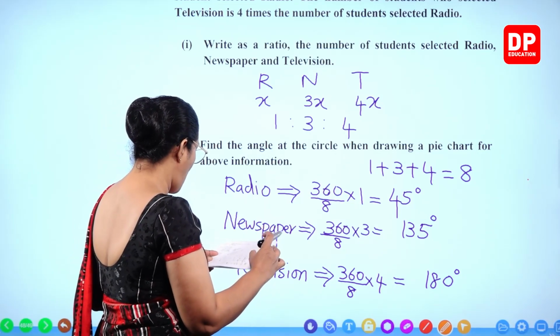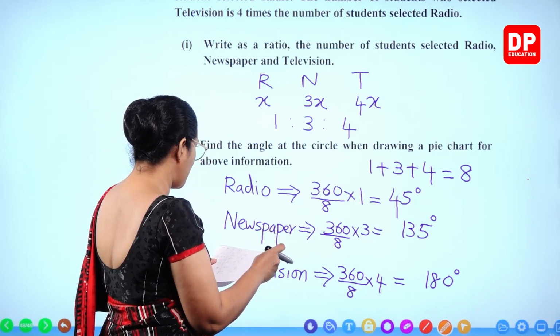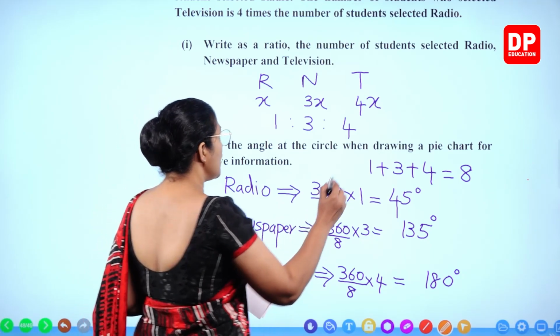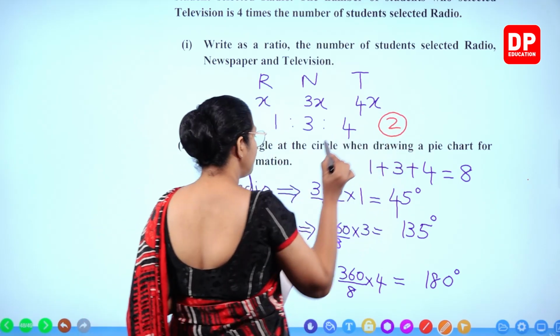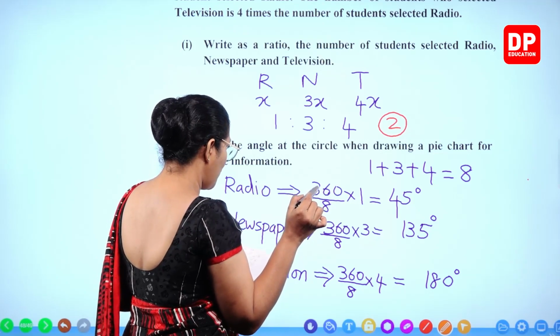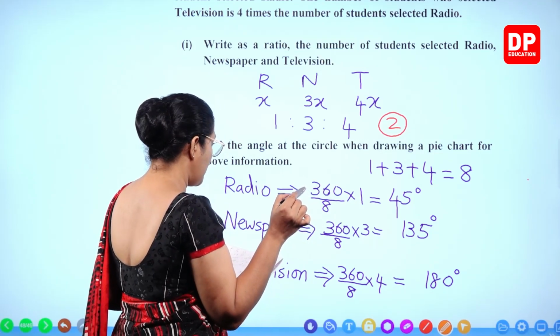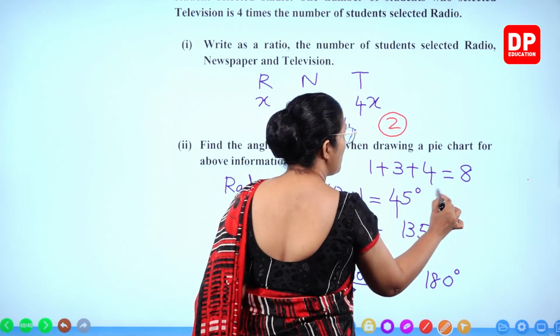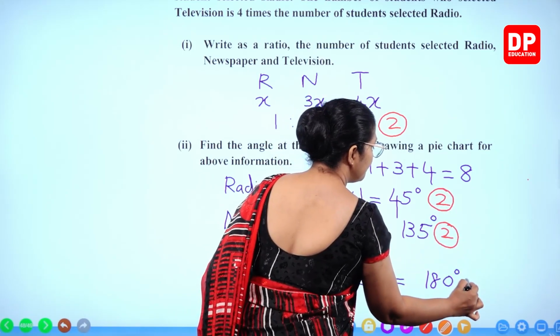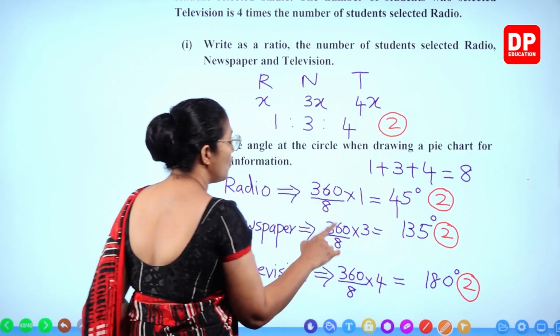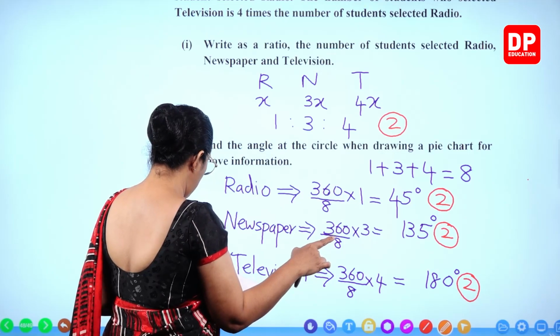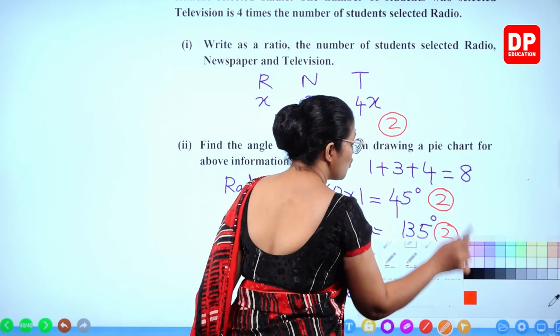So let's see how many marks we can give for this part. For the first part, we can give 2 marks. And for the others, 45, 135, 180, you get 2 marks each. So you are getting 8 marks for these 2 parts.